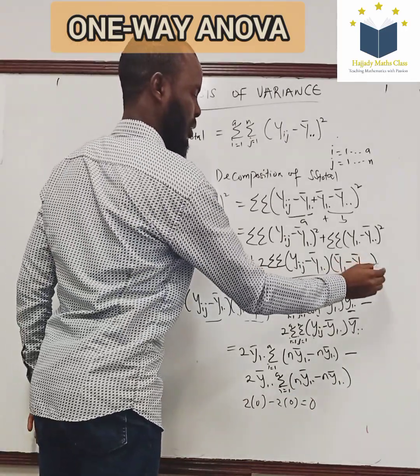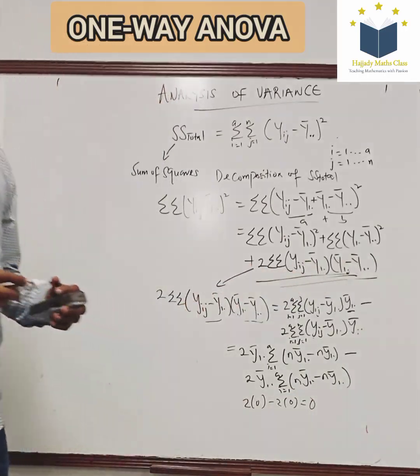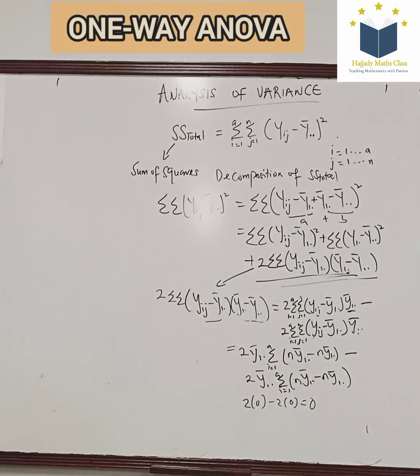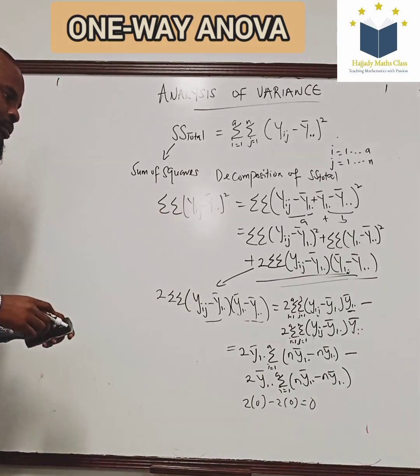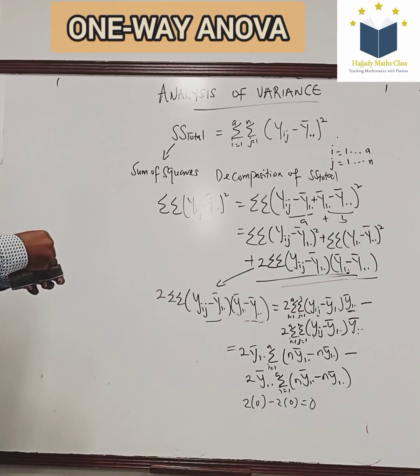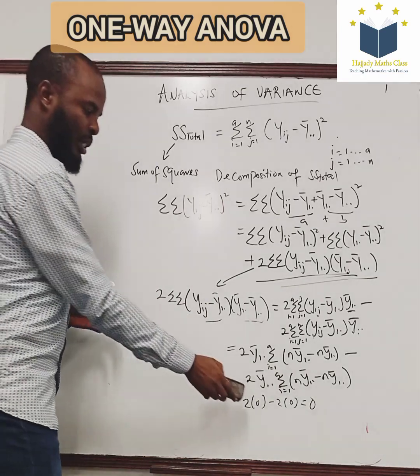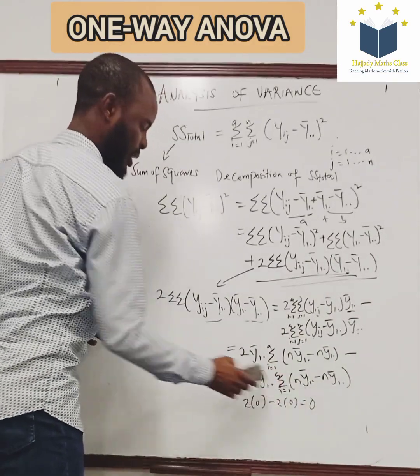So coming up to this, we can see that the cross product is the same thing as what? 0. So we can say from here, I think I will have to clean this. So this is what I've been able to prove, that this cross product is the same thing as 0.